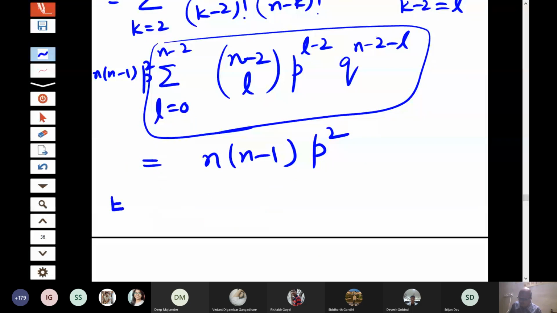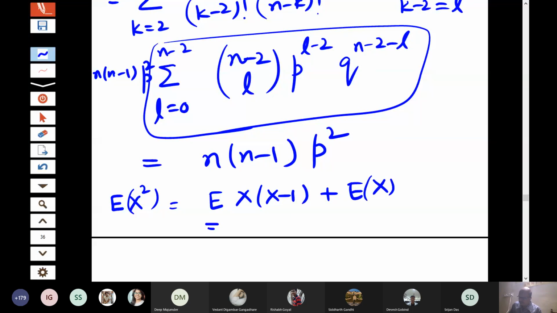So the expectation of x square is the expectation of x into x minus 1 plus the expectation of x. That is n into n minus 1 p square plus np.